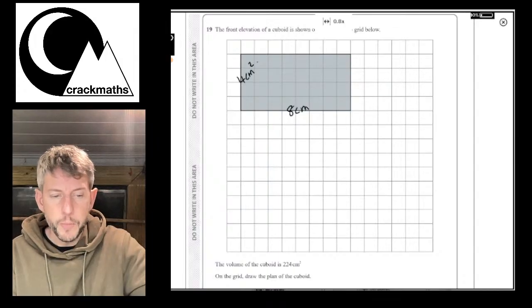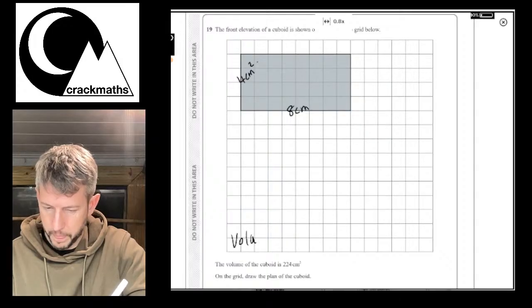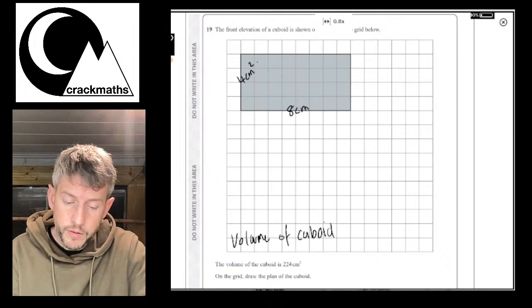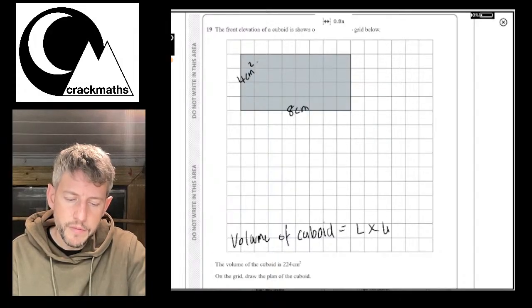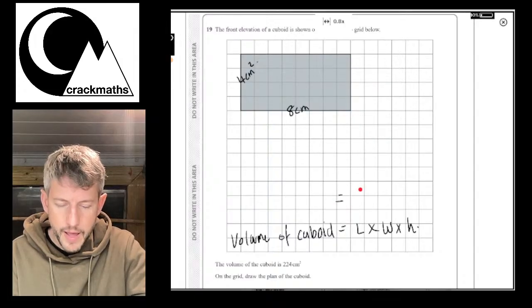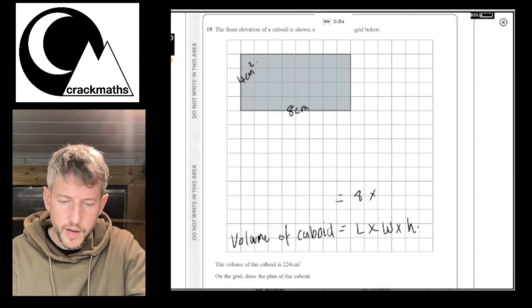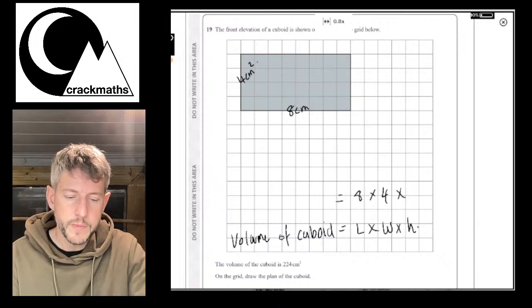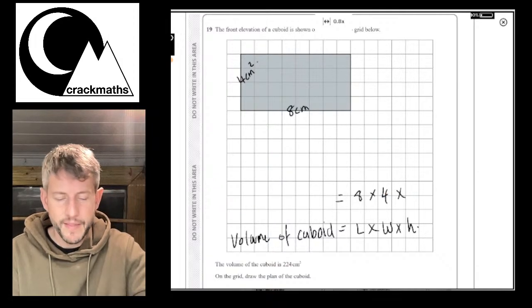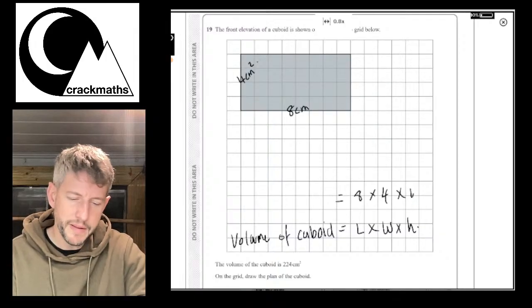The volume of a cuboid is equal to length times width times height. So we know that it's going to be 8 times 4 times the third dimension. I've said that that's the height, so let's call it the width maybe.